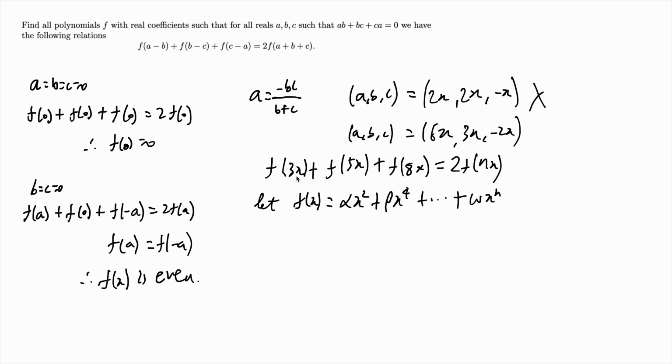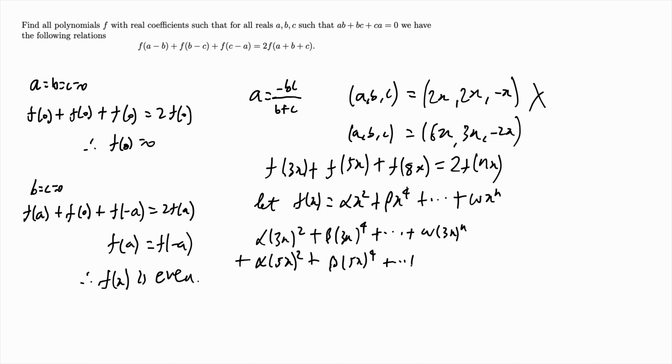Then rewriting this equation, we have beta times 5x to the power of 4 until omega times 3x to the power of n, plus omega times 5x to the power of n, plus 8x squared plus beta 8x to the power of 4 and so on.